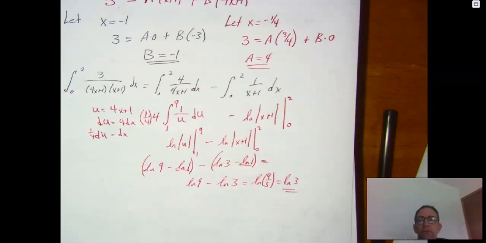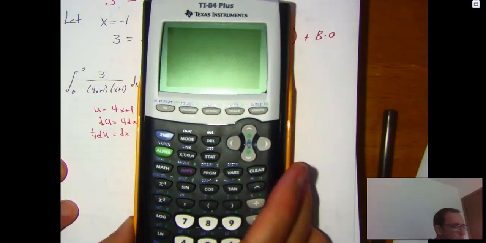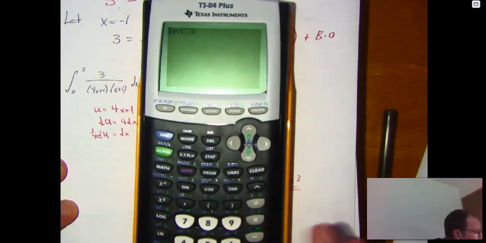We can confirm that that is the case using our calculator. If we look at the natural logarithm of 3, we get a little more than 1.098.